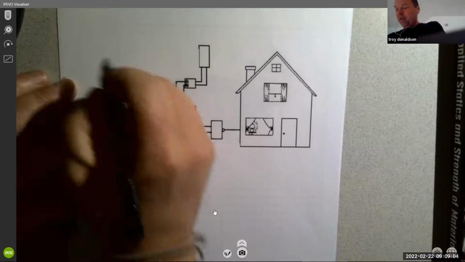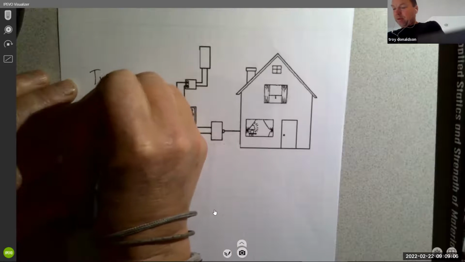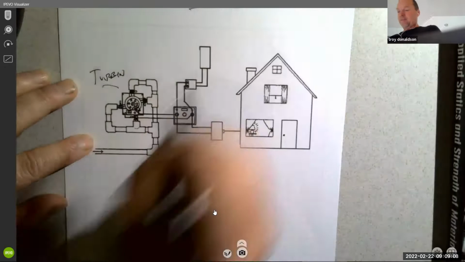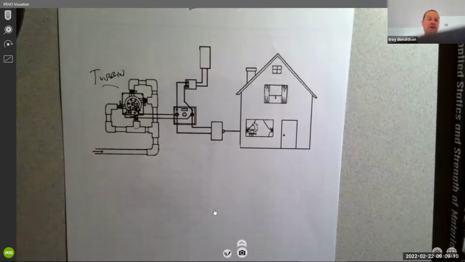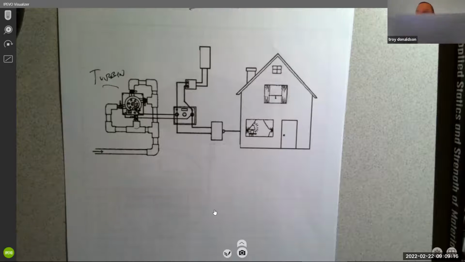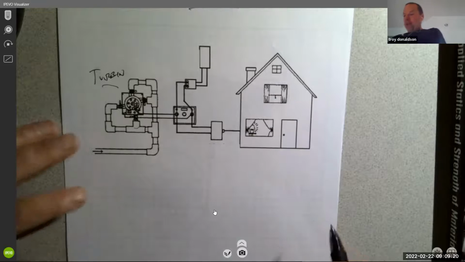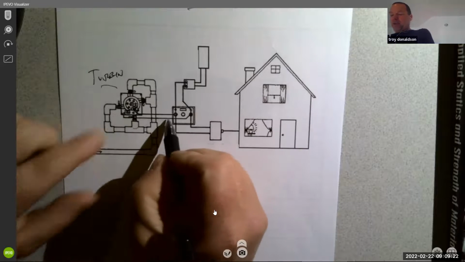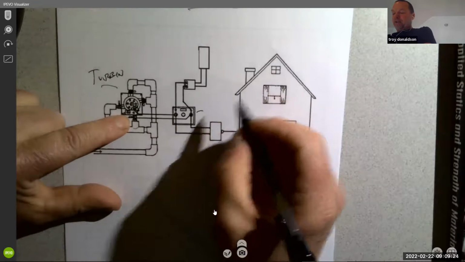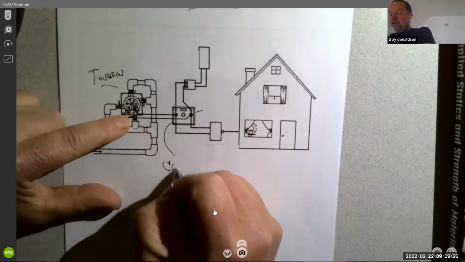This one, turbine. This is a hydro system, so it's got to have some kind of a turbine, and this is one of the water jets that we did talk about. What else do we have? Okay, so then energy comes from the turbine and typically goes into a controller.